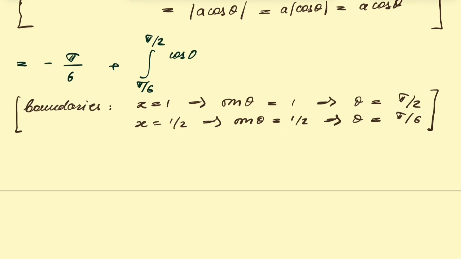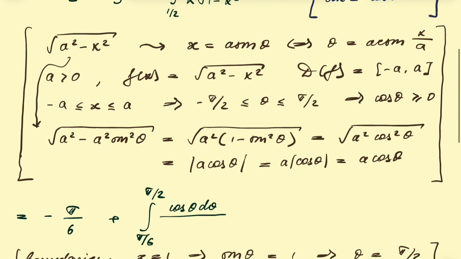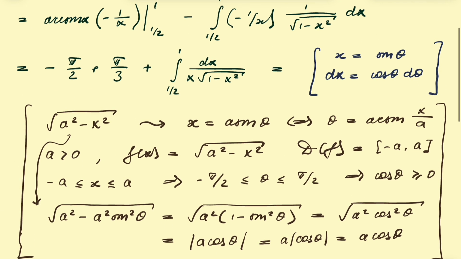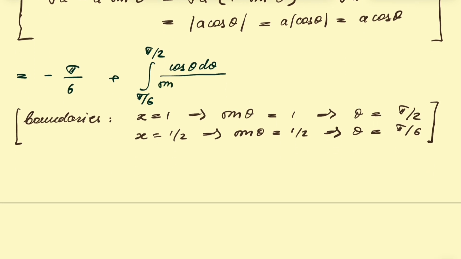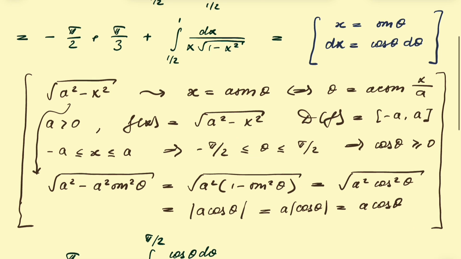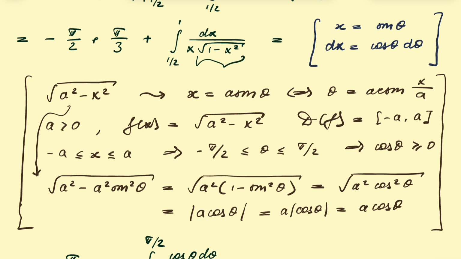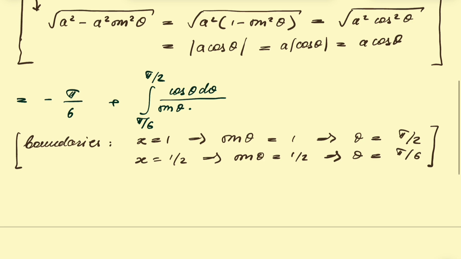Well, cosine of theta d theta over x times the square root of 1 minus x squared. x is sine of theta, times, well, this expression 1 minus x squared, I showed it here, we can just make use of it. It will be cosine of theta itself, because it's the square root of 1 minus sine squared of theta.